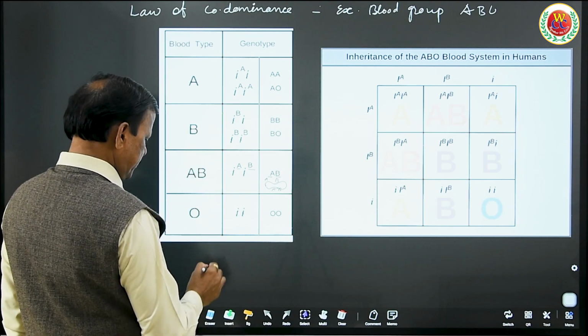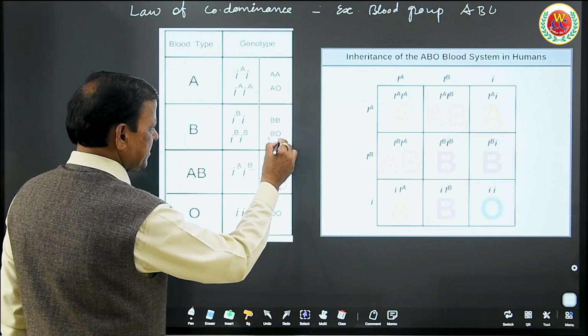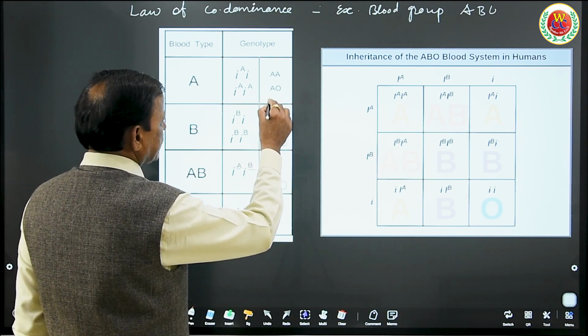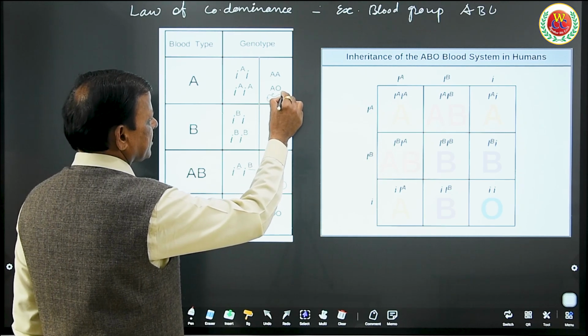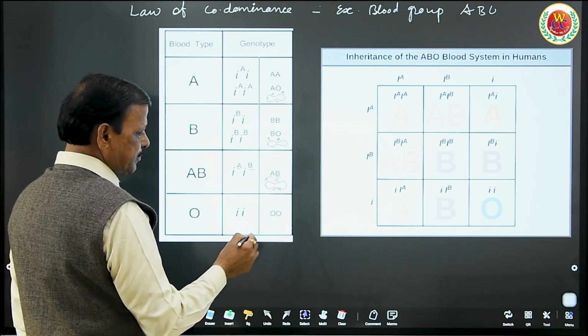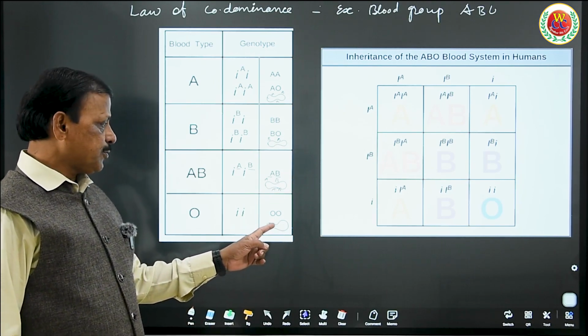Here in case of blood group B, only glycoprotein B is produced. In case of blood group A, only glycoprotein A is produced, but in case of O, none of the glycoprotein is produced.